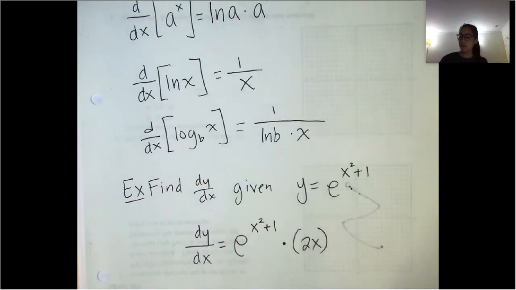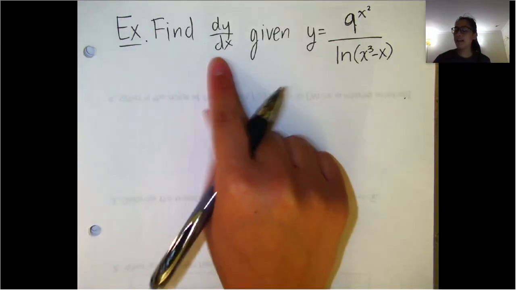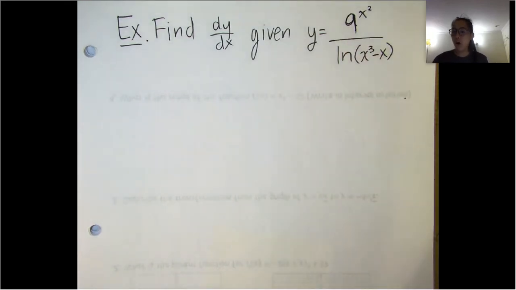Okay. Let's do one more example. Also find dy/dx given that y equals 9 to the x squared all over ln of x cubed minus x. First of all, I want you to identify the greatest operation going on here, and you'll see that operation is division. So we have the division of two things, and you know you have to use your low d high minus high d low all over low low.